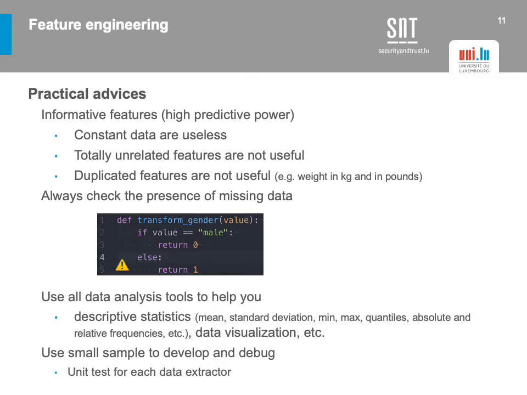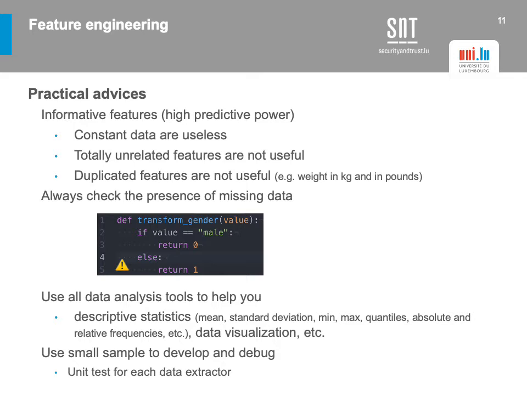So some practical advice that I really advise you from working in the industry, and also from theory, is that the first advice is that you need informative features. Informative features means that for the model to be able to learn, the model needs high predictive power features. It basically needs features that it will be able to use to train.